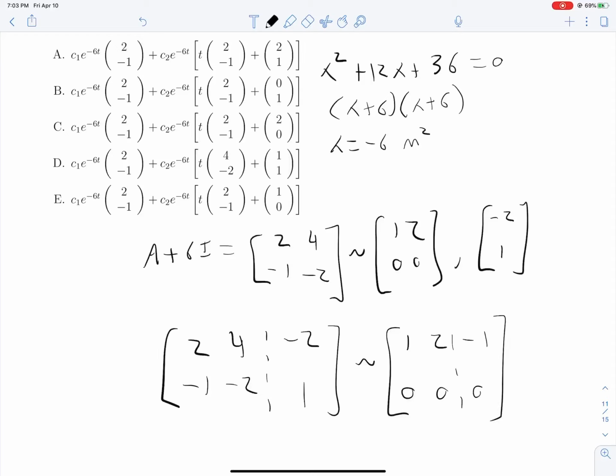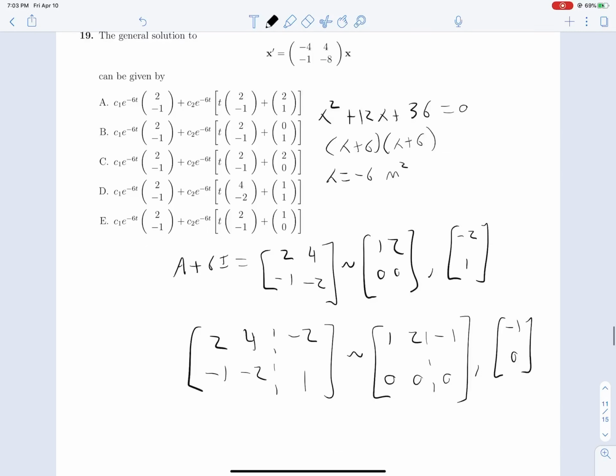And we'll see that if we solve this, we will get the same eigenvector here, but with a constant term. And this constant portion of our eigenvector that we'll find is our generalized eigenvector. So we have -1, 0 as that eigenvector.